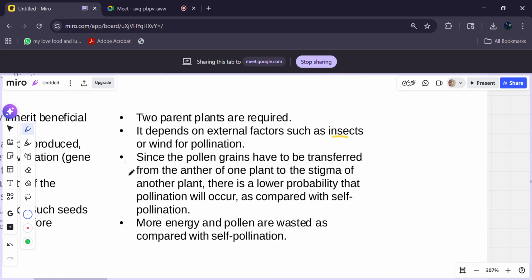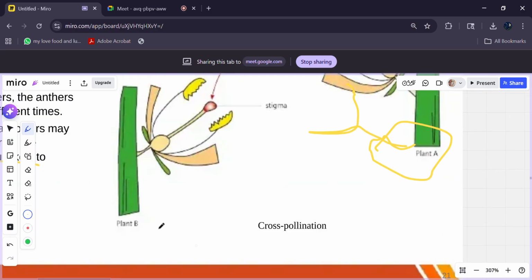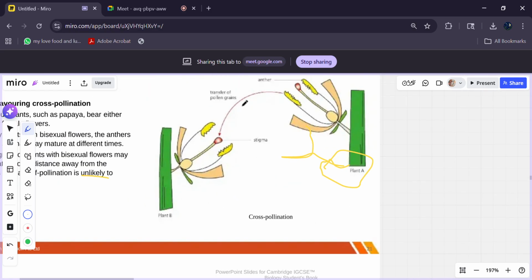And since the pollen grains have to be transferred from one plant to the stigma of another plant, there is a lower probability that pollination will occur as compared with self-pollination, and more energy and pollen are wasted. This is true because, due to the distance apart, as the bee is traveling carrying the pollen, some pollen falls off the bee.